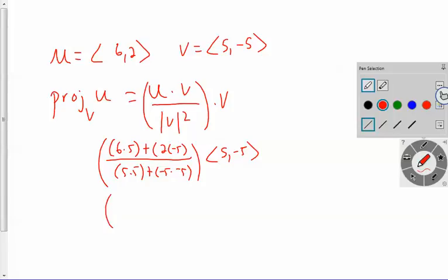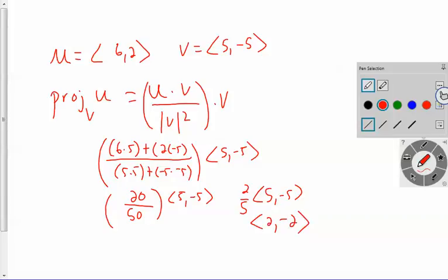So 30 plus negative 10, that's 20, over 50. That's just a scalar times (5, -5). So that's 2/5 of (5, -5). The new vector is going to be (2, -2).